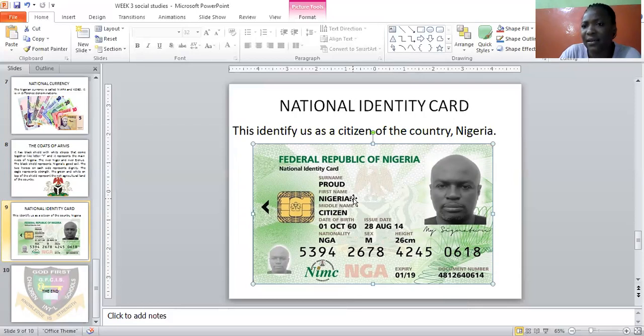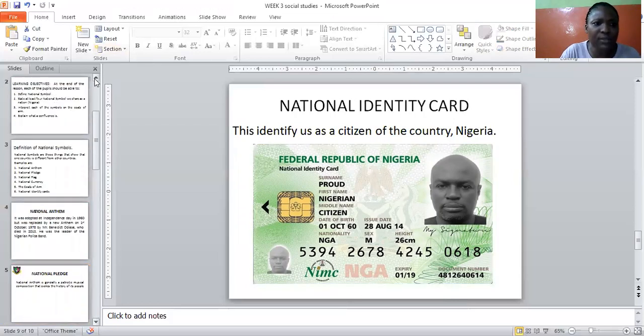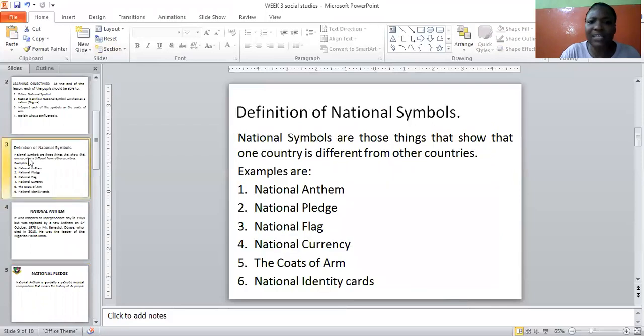Can you see that national symbols are very, very interesting? National symbols are those things that show that one country is different from another country. It's our national identity, what identifies us from citizens of other countries.